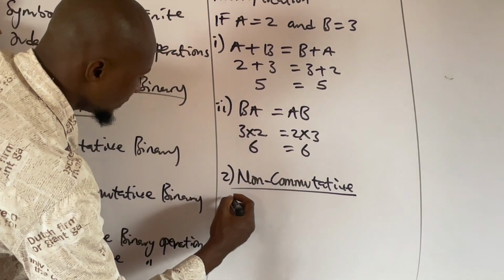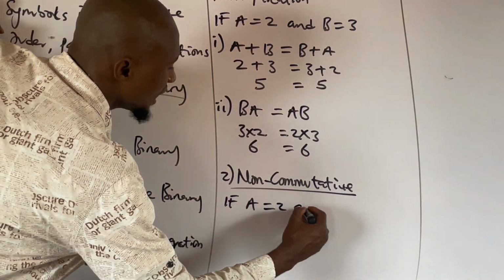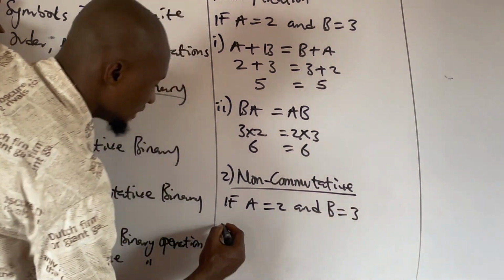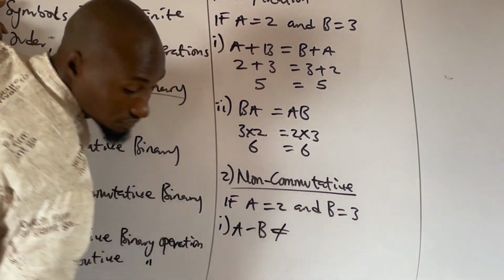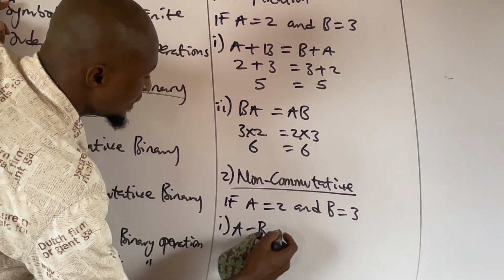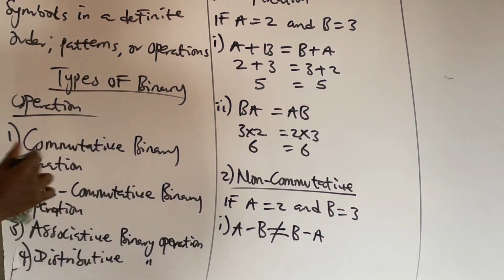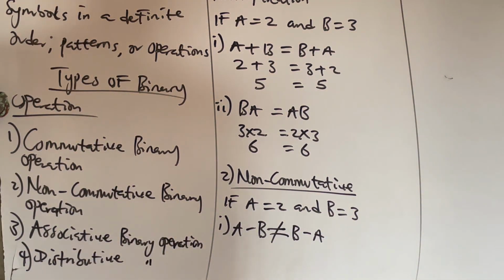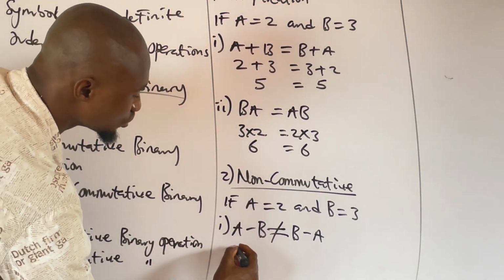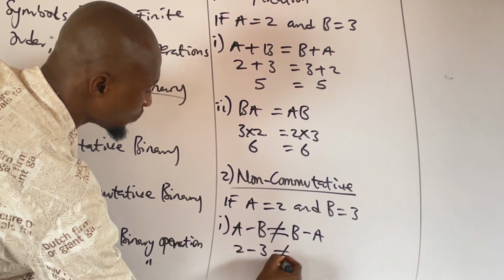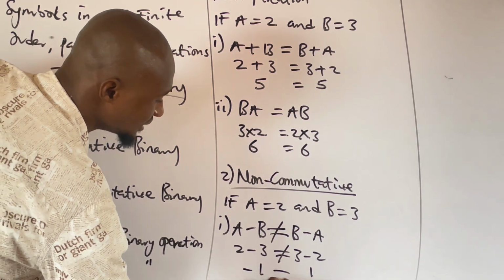So now, example of non-commutative. If A equal to 2 and B equal to 3, A minus B is not equal to B minus A. Over here, 2 minus 3 is not equal to 3 minus 2. This one will give us minus 1, this one will give us 1. They are not equal.